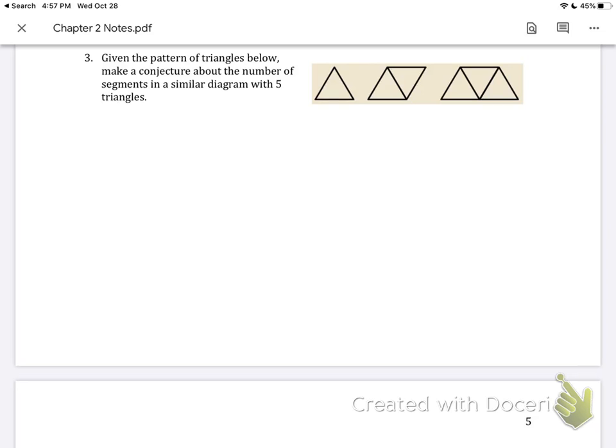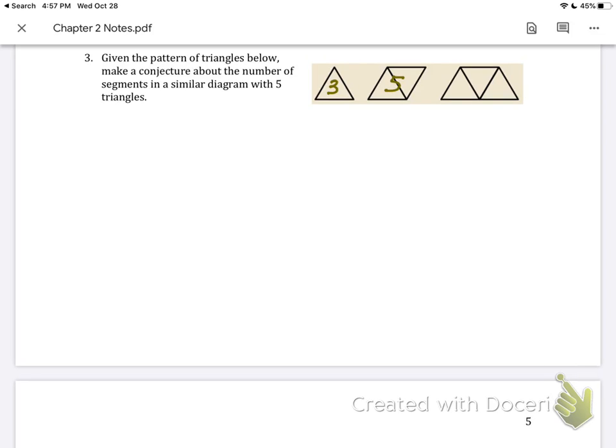So this says, given the pattern of triangles below, make a conjecture. So what's a conjecture? A conjecture is a statement you can make after an observation. So make a conjecture about the number of segments in a similar diagram with 5 triangles. Okay, so if I have 1 triangle, I have 3 segments. If I have 2 triangles, I have 3, 4, 5 segments.